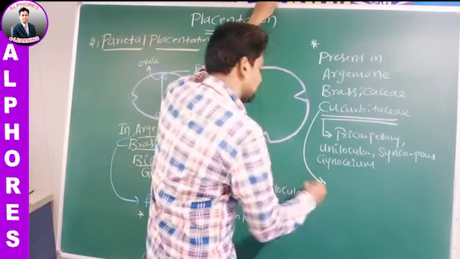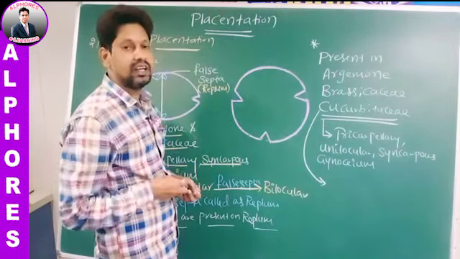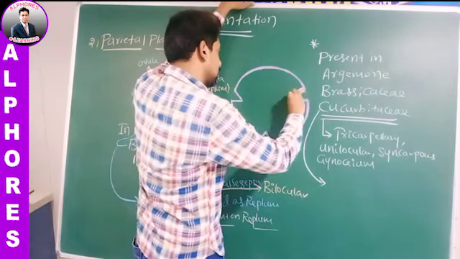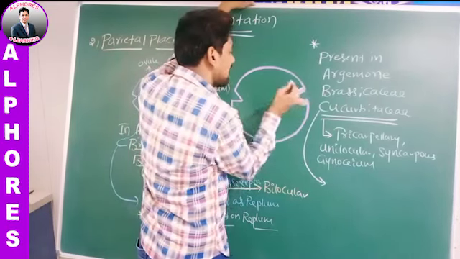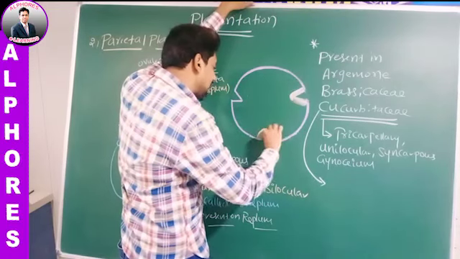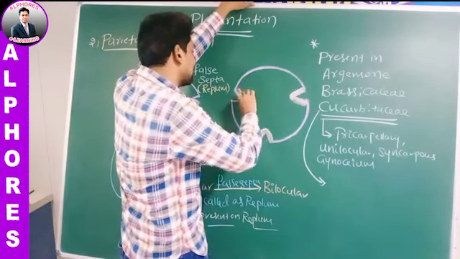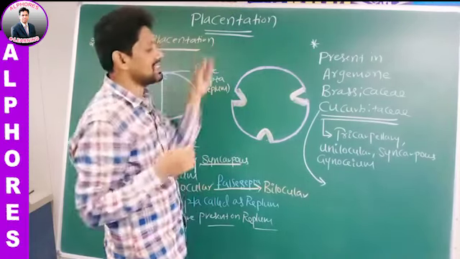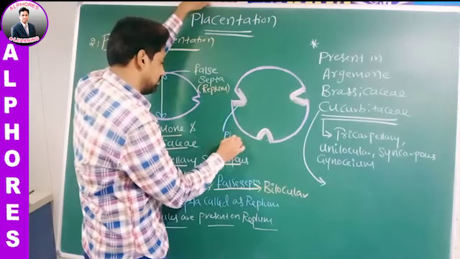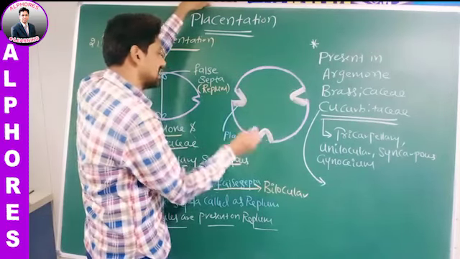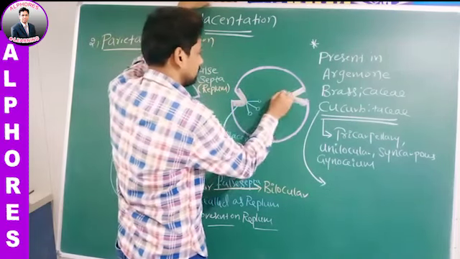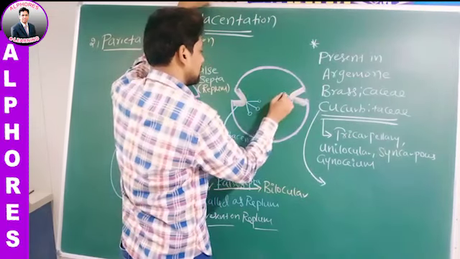In the Cucurbitaceae family, where are the ovules present? Ovules are present on the inner walls of the ovary. Why only on the inner walls? Because the placenta is present on the inner walls of the ovary. Wherever placenta is present, you see ovules.